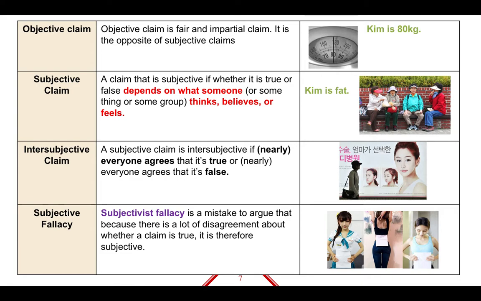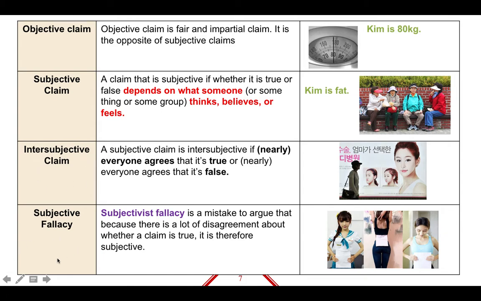It's basically the same thing that I said just now about Korea, that there is a certain standard of beauty, and they all in Korea generally agree to it. They generally agree that in order to be considered beautiful, you need double eyelids. It's like the whole community believes certain statements, and it's believed by everyone in that community. That is something we call intersubjective claim.